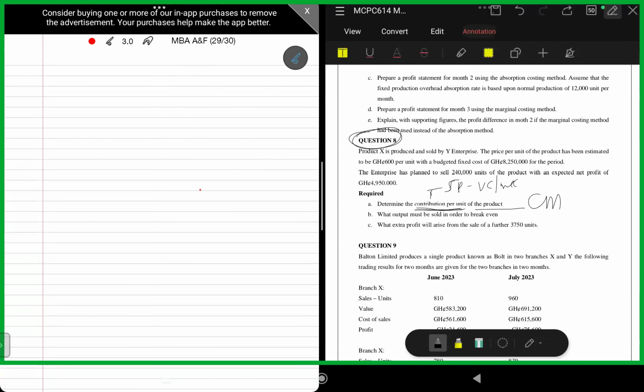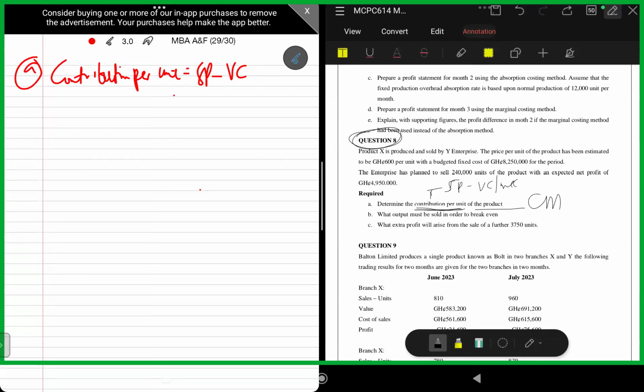So let's try this. Question 8. Determine the contribution per unit. I've not even read the question, but immediately I see contribution per unit, I will say contribution per unit equals the selling price minus the variable cost. That's what I see. So I'll go and check the data, whether I will easily get the values. If I don't get the values, there are different ways I can find it.